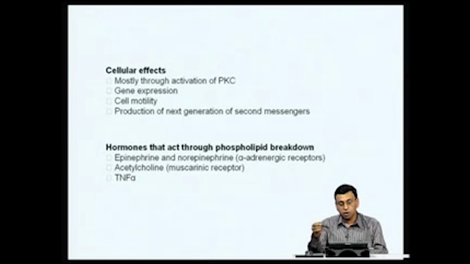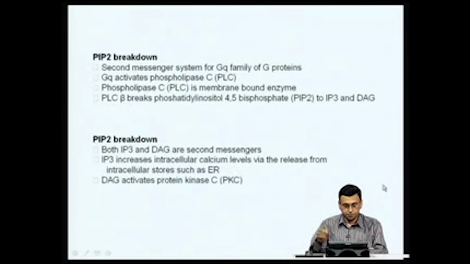All the second messenger molecules have very important physiological functions, and protein kinase C especially plays a very important role in the activation of transcription factors like CREB, c-Jun, c-Fos, etc., leading to cell proliferation.